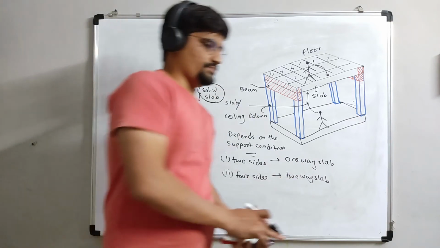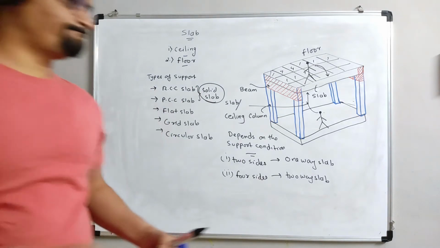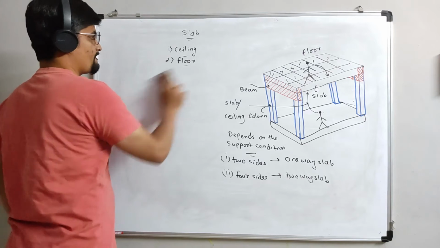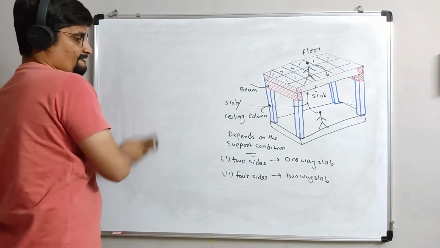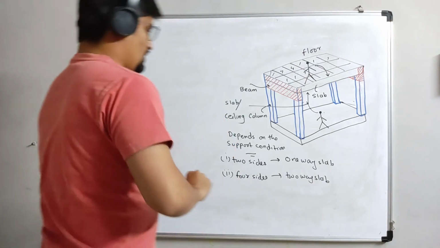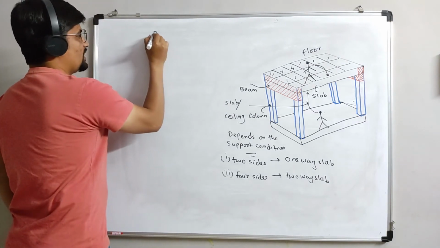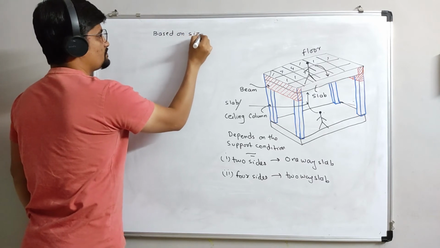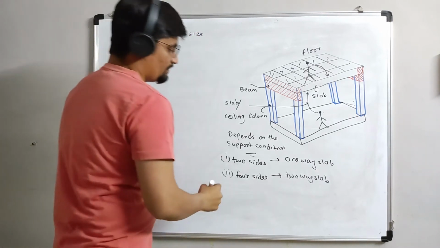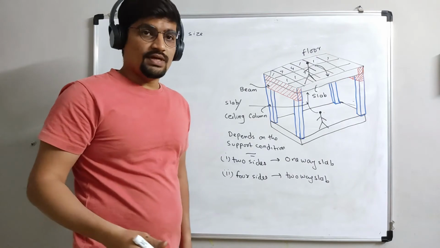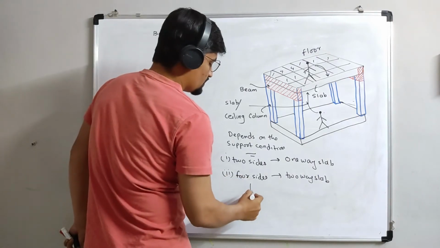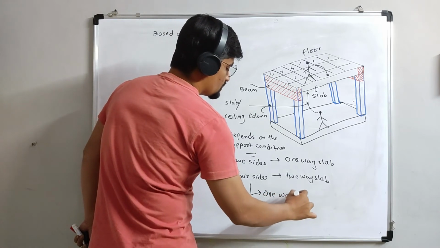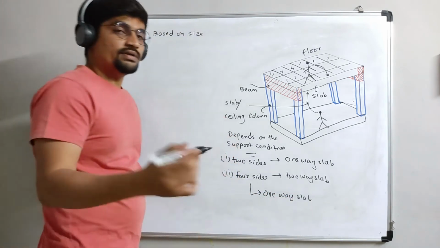Another thing is based on length, based on size. Sometimes a slab is supported on four sides, and then also we can consider it a one-way slab. That is possible.